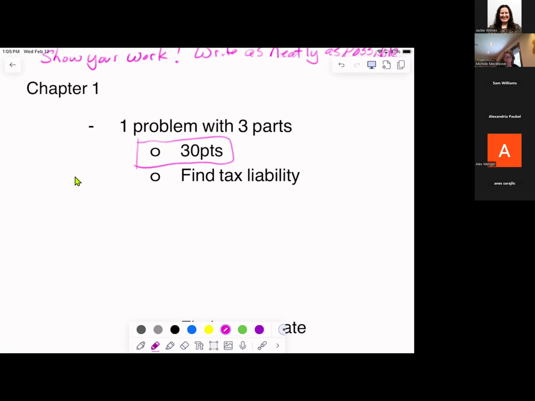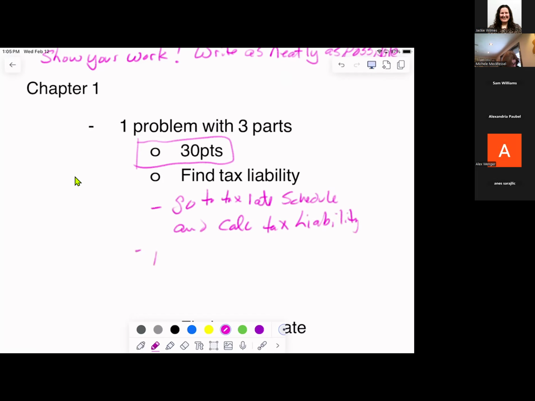Then you'll have to go to the tax rate schedule and calculate their tax liability.